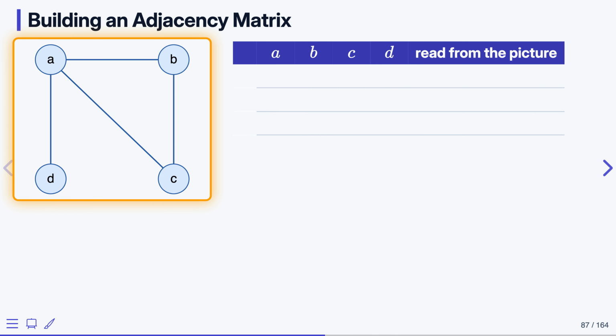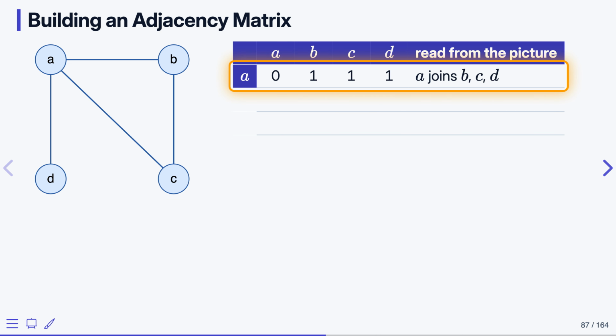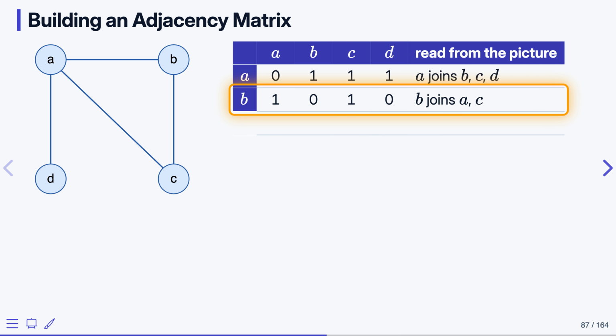Let's fill this matrix in, one row at a time. We use the order A, B, C, D. Row A: is A adjacent to itself? No, so the first entry is 0. To B, yes, 1. To C, yes, 1. To D, yes, 1. So the row is 0, 1, 1, 1. Row B: to A yes 1, to itself 0, to C yes 1, to D no 0, so 1, 0, 1, 0.